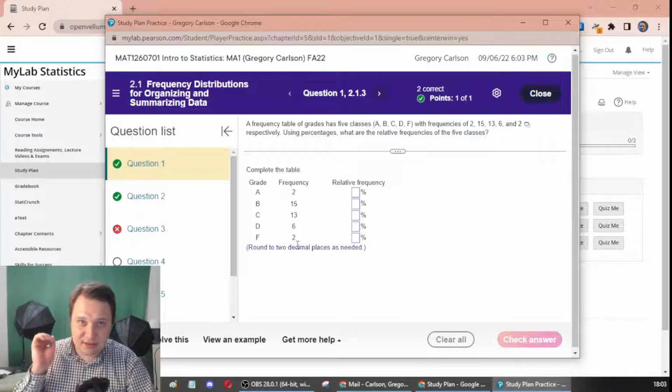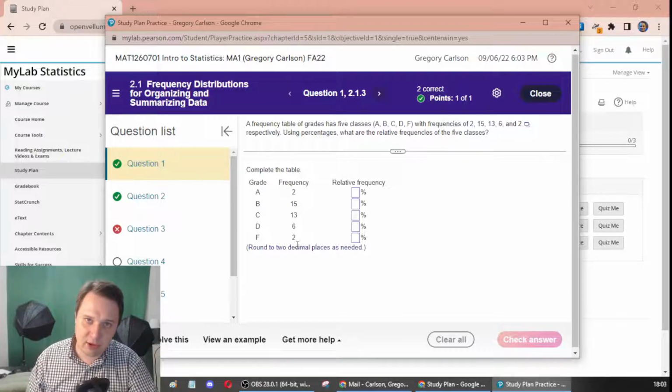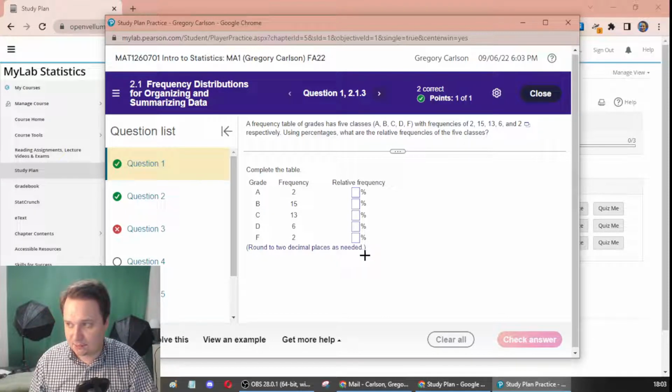Always find the total, find n, the number of people in our sample. It can help you avoid test freezes, because then you can at least be doing something, and maybe you'll remember what else to do.